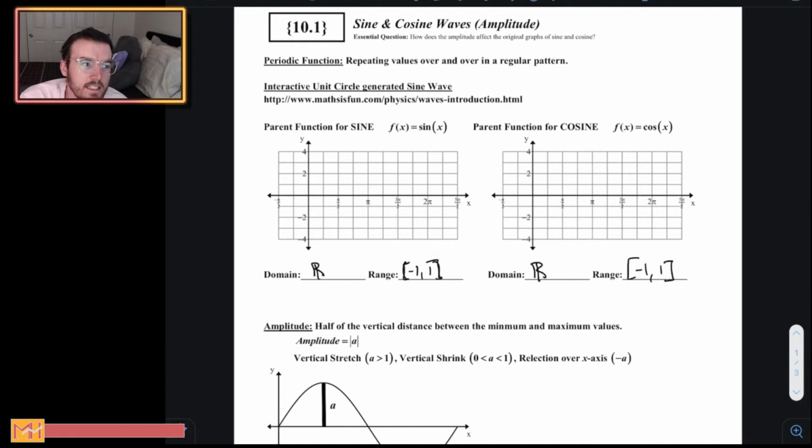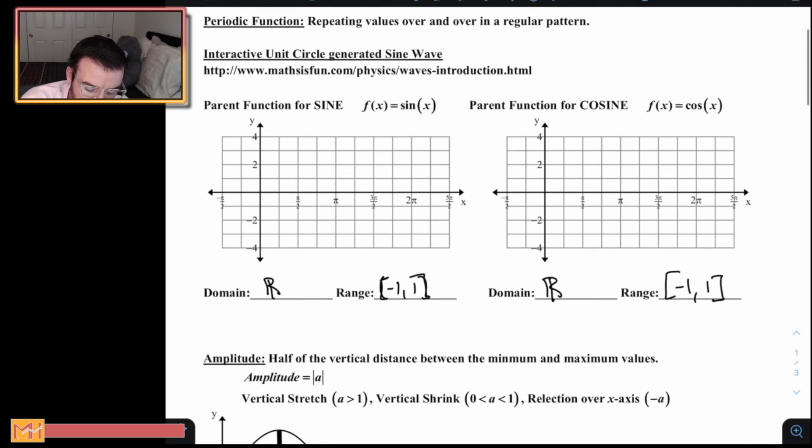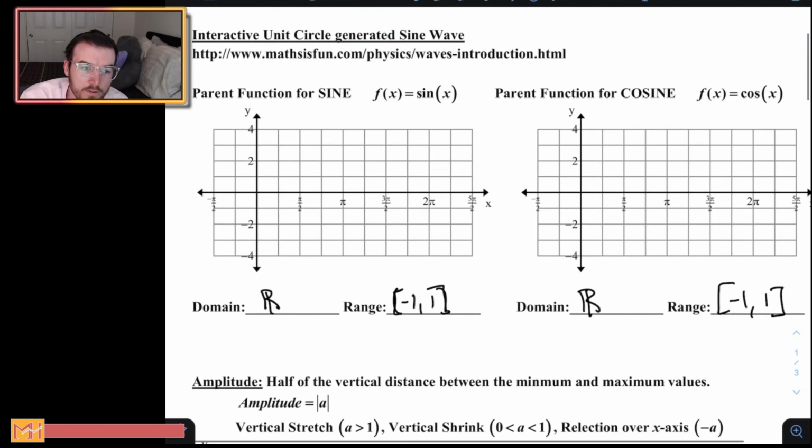So cosine and sine are eerily similar, because they're based off that same unit circle. And if you were to plot these by hand, I know most of you will probably be using Desmos, but it is nice to know that sine of 0 is at 0, sine of 90 degrees or pi over 2 is 1, and then it goes back down to 0, and then it goes to -1, and then back to 0.